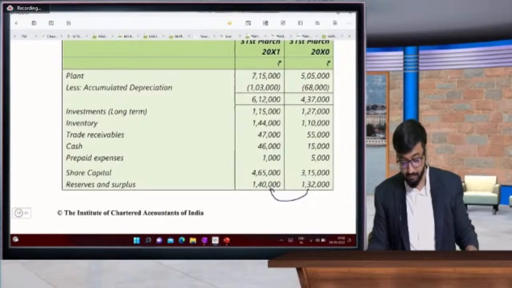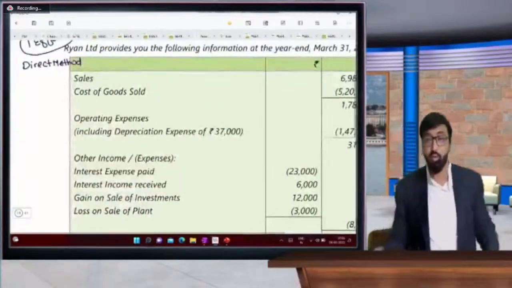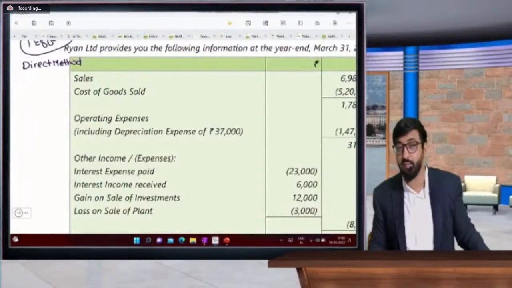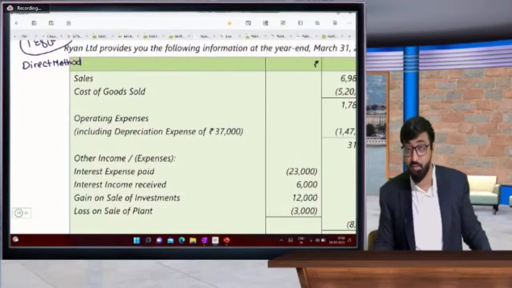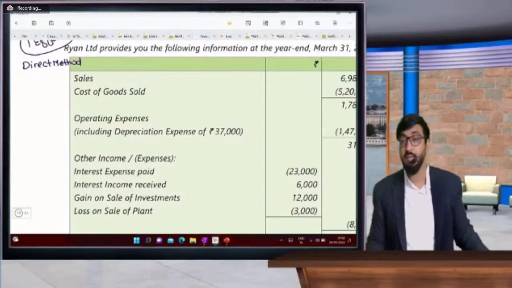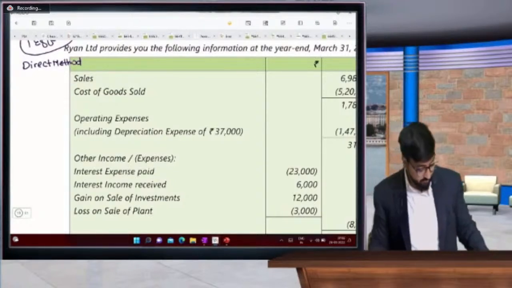So let's start with direct method, and tell me the time required for solving the indirect method for the second time. Those who are following me from the very first day, I already told you to solve this same question, because it is a concept clarity question which requires 100% focus, and it will cover all your concepts. So friends, please tell me in the comment section how much time you have taken.